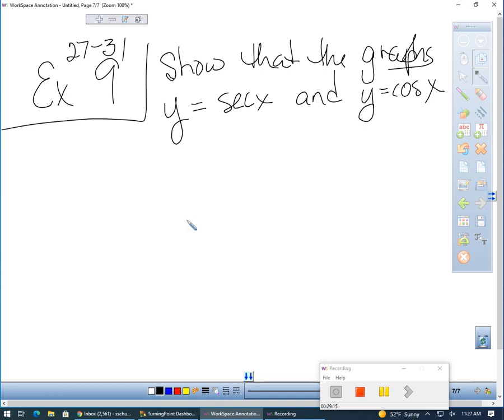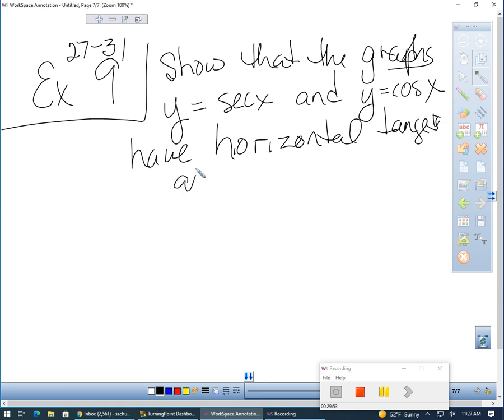All right, so on this last example, I want you to show that the graphs of y equals secant x and y equals cosine x have horizontal tangents at x equals 0. So really what does that mean?